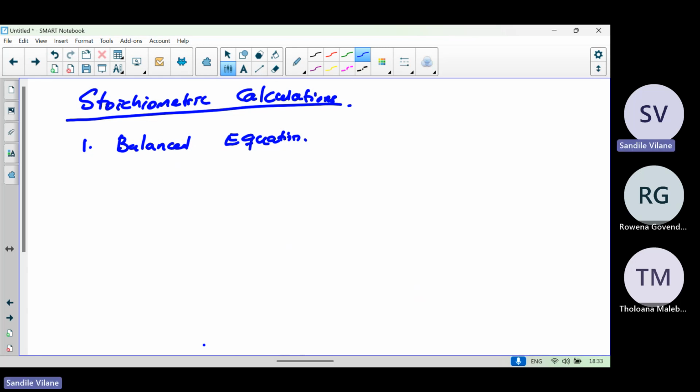Secondly, it's so that we make sure that the mass of the reactants is equal to the mass of the products. That is called conservation of mass. During a chemical reaction, mass is conserved. When the equation is not balanced, it will appear as though the total mass is not conserved. So that is the significance of balancing chemical equations.